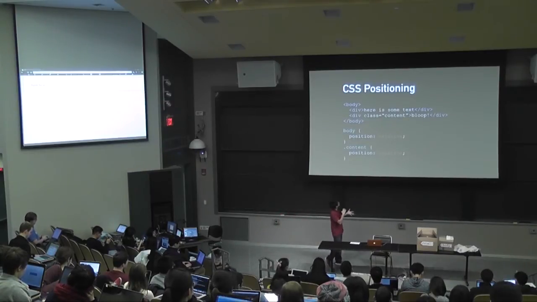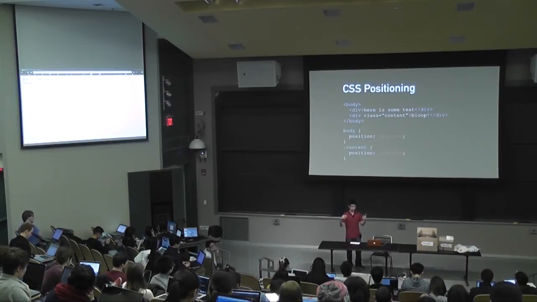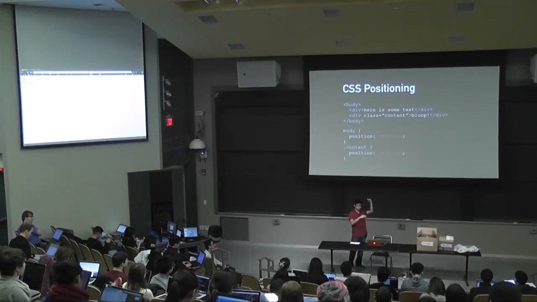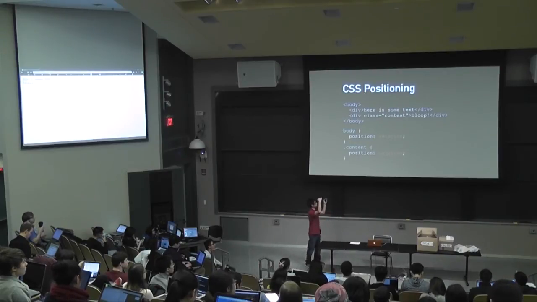So by default, divs are position relative. That means that they will sit where they want to sit. Elements are going to flow naturally on the page. So if I have two divs on top of each other, it's going to look like that. So here's the text.